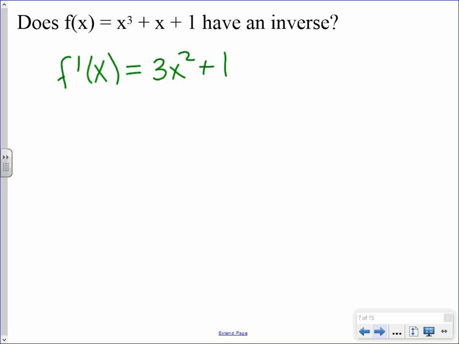Okay, what's your rationale, Austin, for this always being positive? I just plug in a -1 into x, so we get a positive value. Okay, what happens anytime you plug in a number into x squared? A positive number, plus 1. This is always going to be bigger than 0, which means it's monotonic.